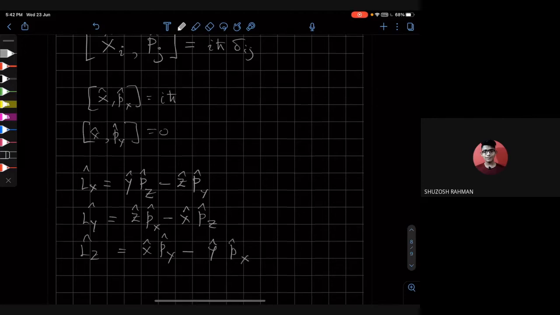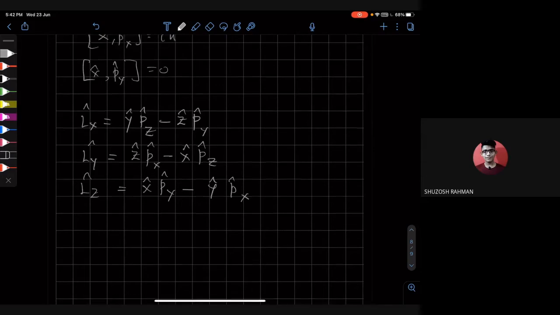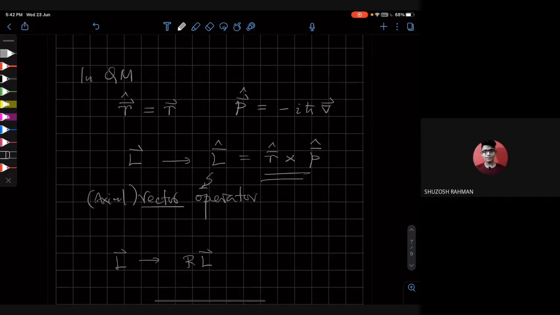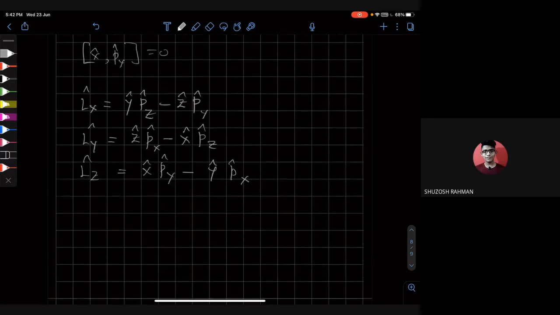Okay. So these 3 equations, of course, I can write them like this, but I can also write them using the Levi-Civita symbol.